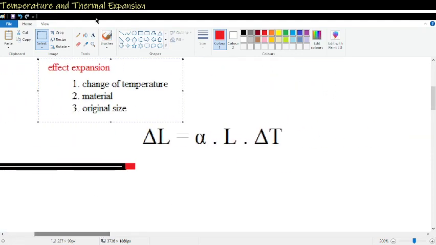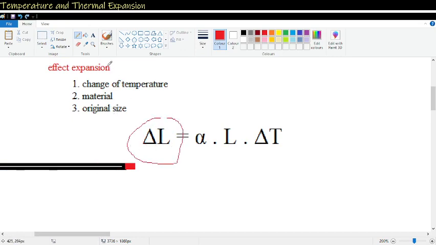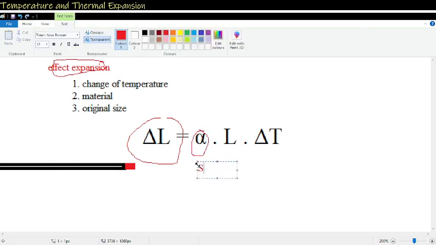The expansion or the change in length, the triangle here means the change in length, or the expansion, is affected by the material. This is the material constant, or the CTE, coefficient of thermal expansion.